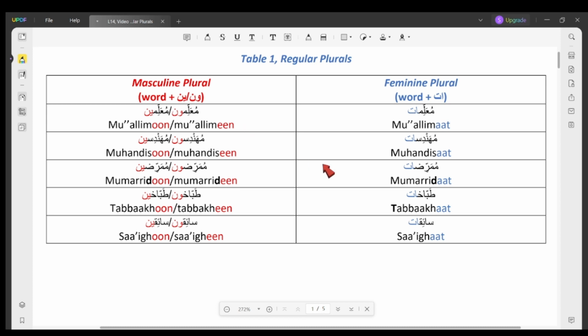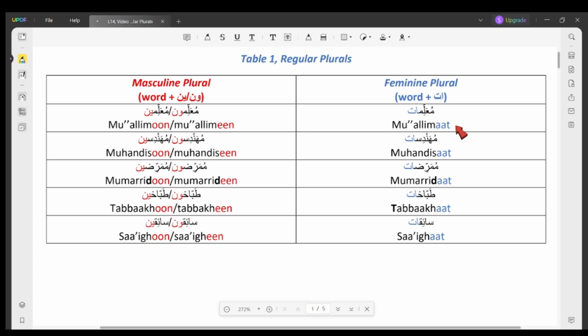Now let's look at the right side for the feminine plural. Muallimat. This means a group of female teachers. Again, we have the word muallim plus at, muallimat.